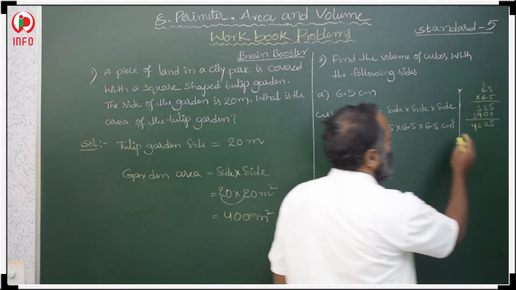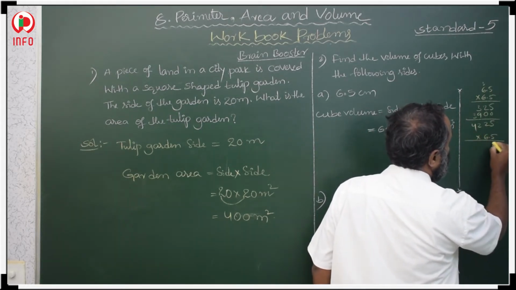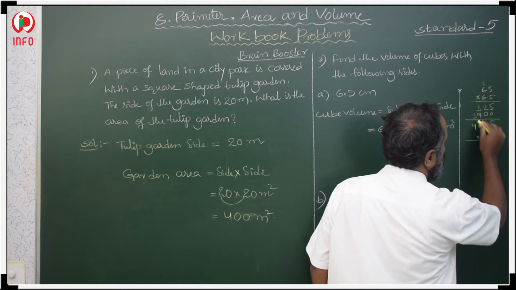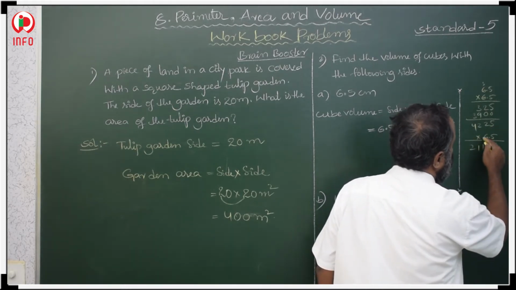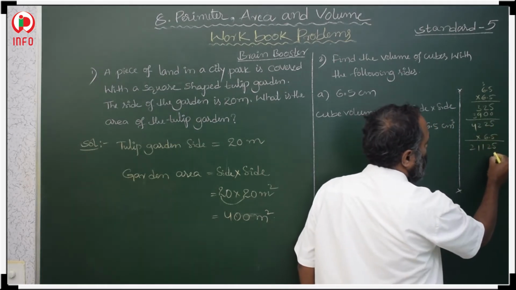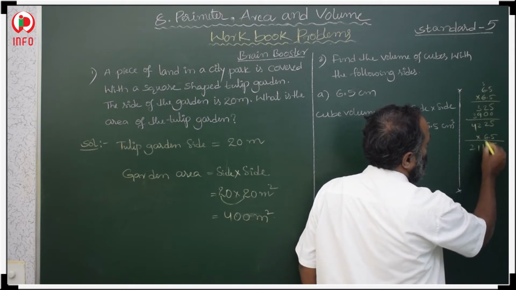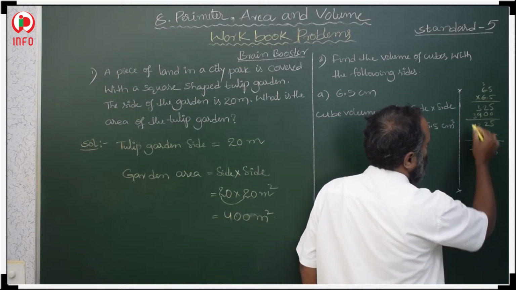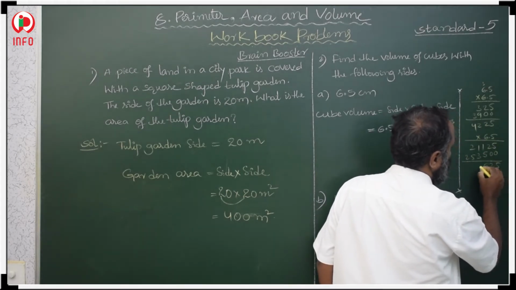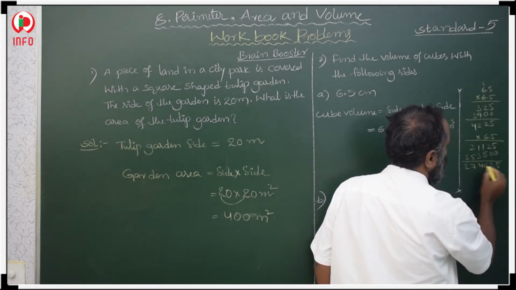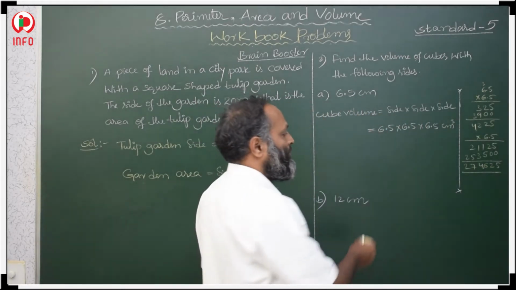Now again we have to multiply with 6.5. 5 5s are 25, 2 5 are 10, 11, 12, 1 5 10, 11, 1. 20, 21. Now with 6. 6 5s are 30, 33. 6 2s are 12, 15, 1. 12, 13, 1. 24, 25. Then 5, 2, 6, 4, 7, 2. After 3 digits, 274.625.